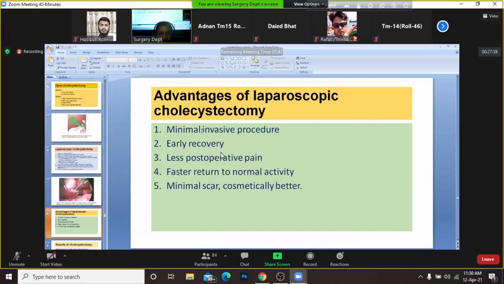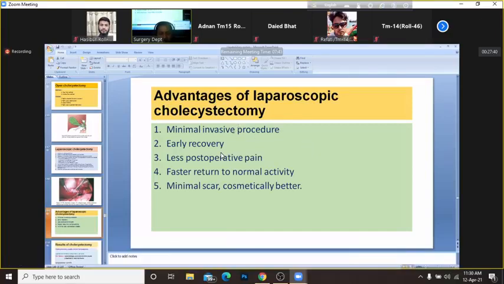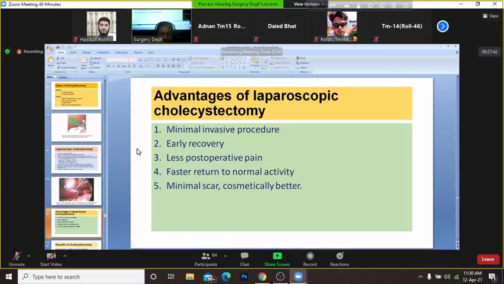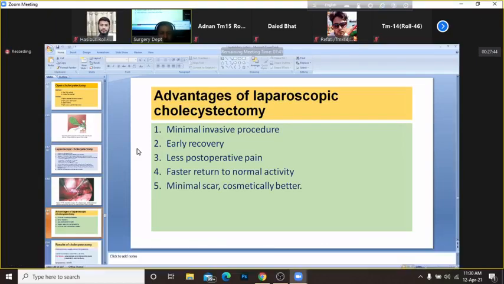In laparoscopic cholecystectomy, we open the skin only at 4 ports or 4 sites, small ports that usually do not make any ugly scar. So this is minimally invasive.